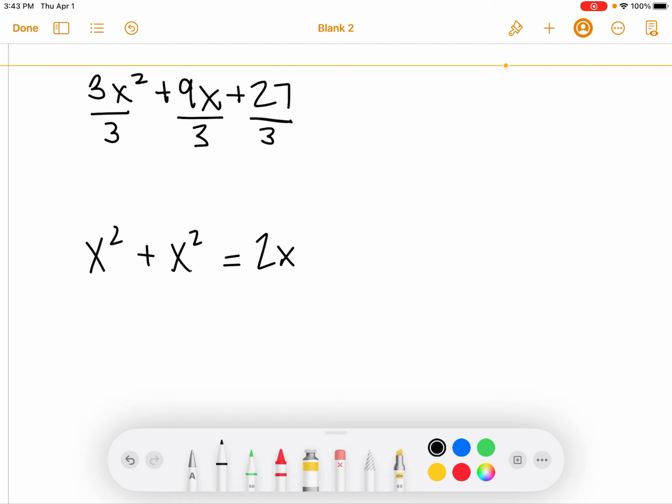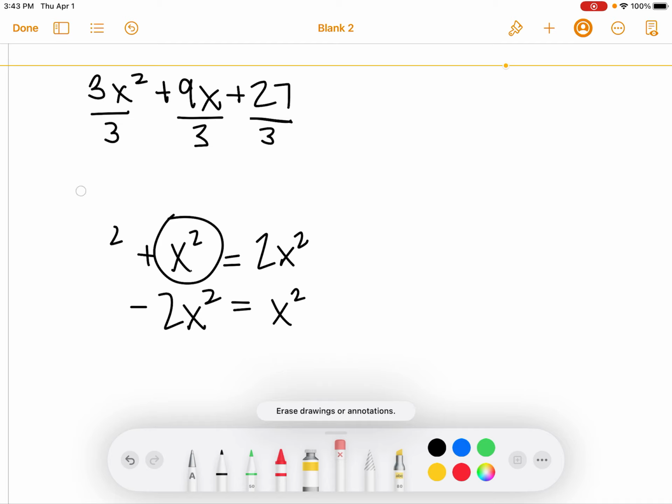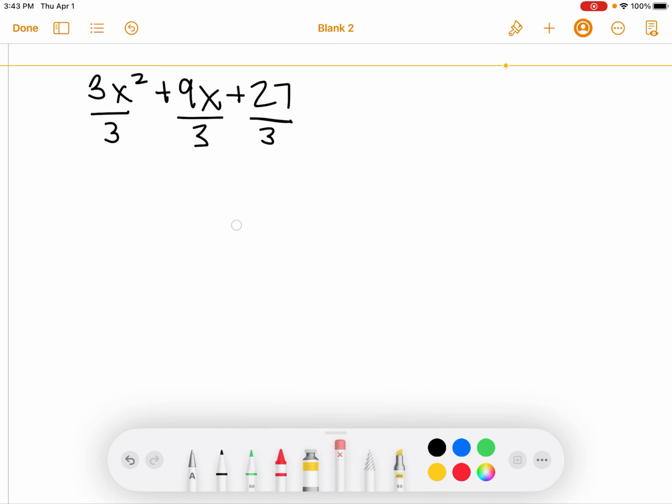The exponent stays the same. If you have 3x squared minus 2x squared, you just get x squared. So if you add or subtract 2 terms that have an exponent on it, the exponent stays the same. But if you multiply and divide them, that's when it changes.